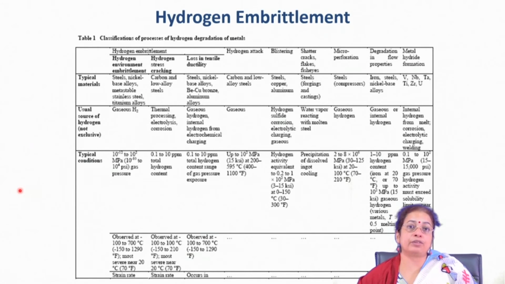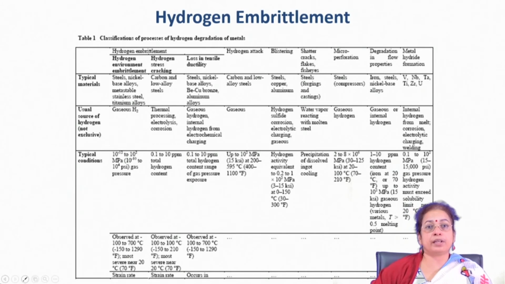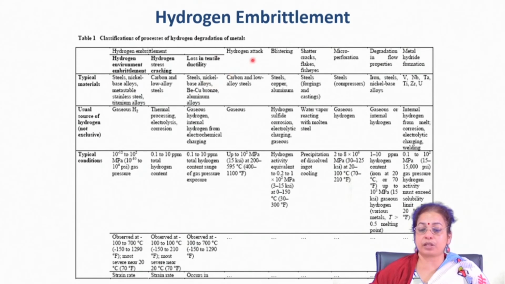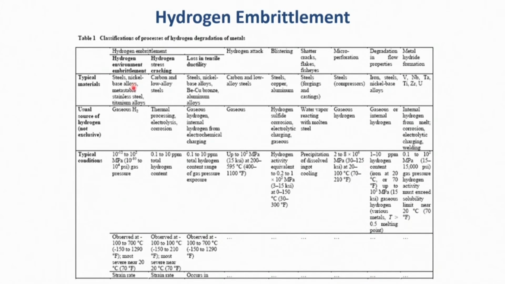If you see the different reasons behind hydrogen embrittlement and their effects, there may be several, and depending on the material it changes. Particularly if you see the material and environment, as well as the type of hydrogen attack observed in different materials, they are of wide types. Like steel, nickel based alloy, metastable stainless steel, here there may be hydrogen stress cracking in carbon alloy.